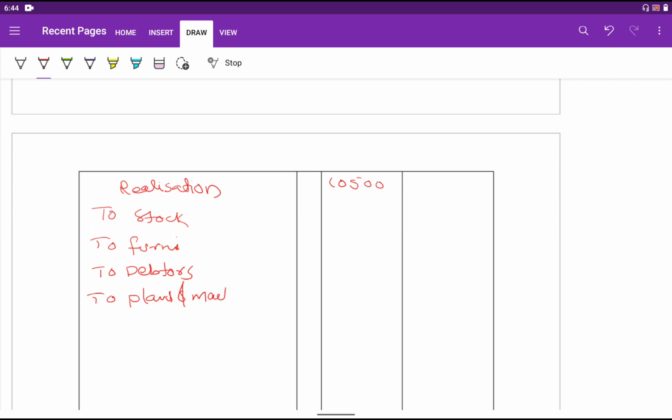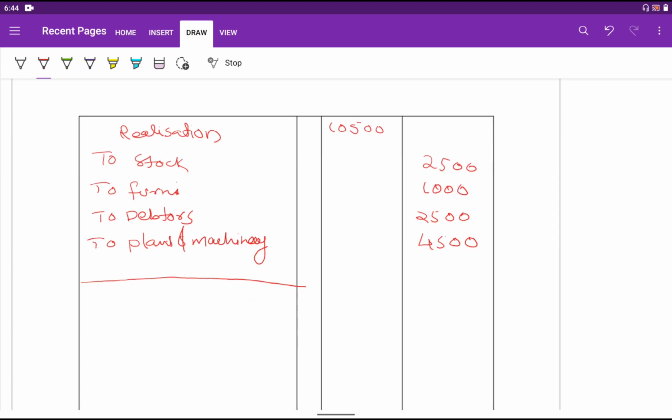Plant, if you want you can write separately also, no issue. 2,500, 4,500. Write the narration. I am not writing the narration. All the assets were transferred to realization. You can write that as narration.